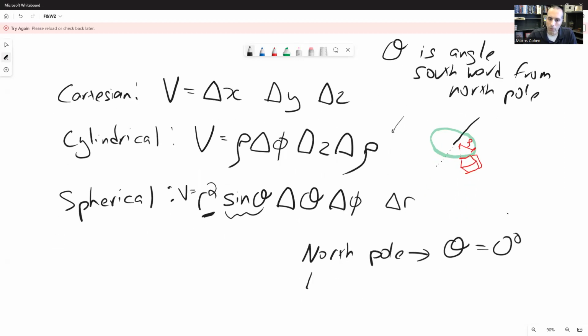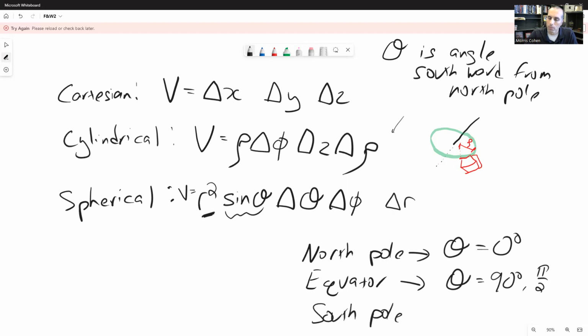The equator is the set of all points that have theta equals 90 degrees, or pi over 2 radians. And the South Pole has a value of theta equals pi, or 180 degrees.